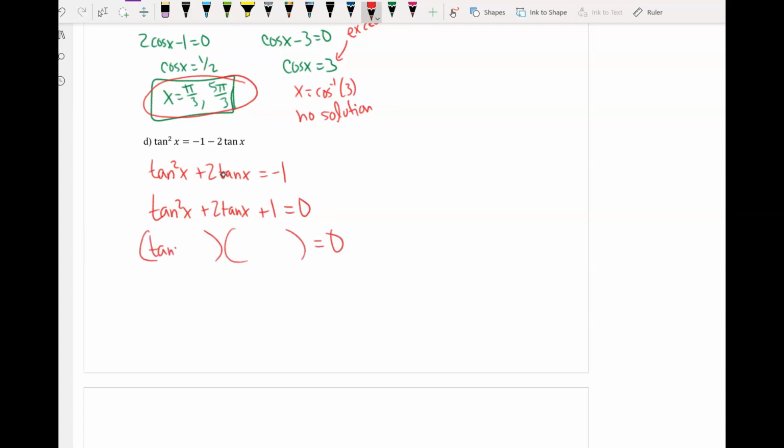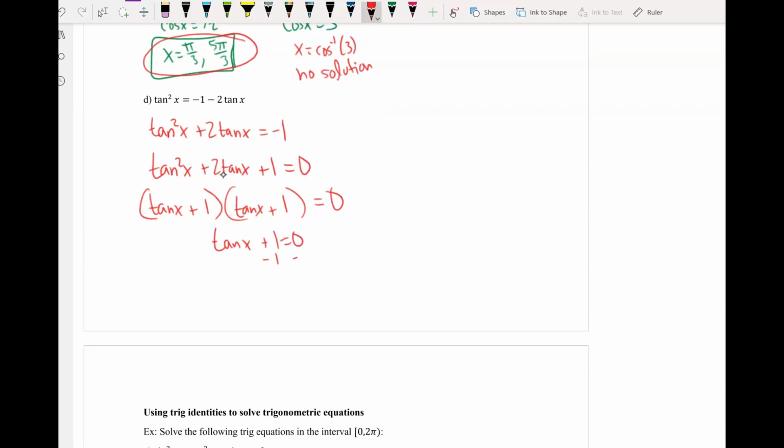So you get tangent x, you get tangent x. It should be both a plus 1. So you basically got two of them, so you only got to do 1. Tangent of x plus 1 equals 0. So I can subtract by 1. Equals -1.